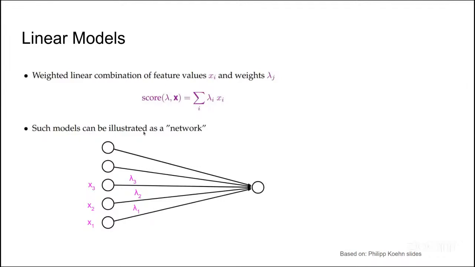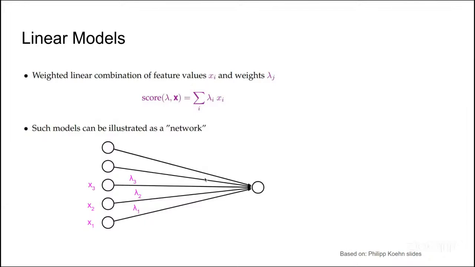You can represent this using this kind of a network. All these neurons, all these circles that you see on the left-hand side, are the x's: x1, x2, x3, x4, and all the connections that you see are weighted with lambda 1, lambda 2, lambda 3.